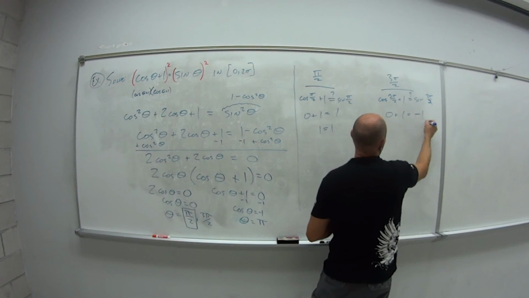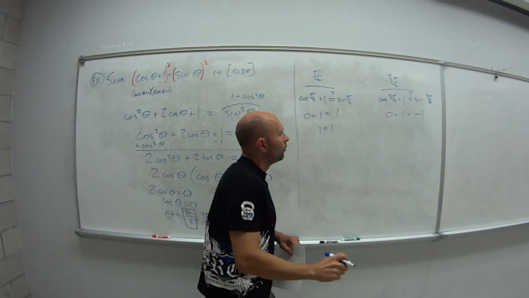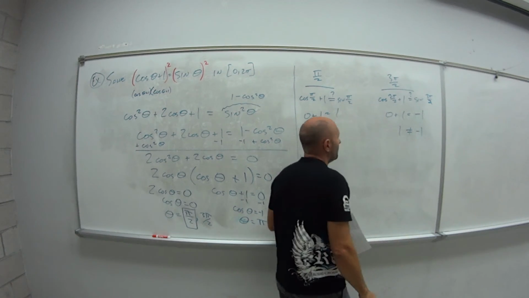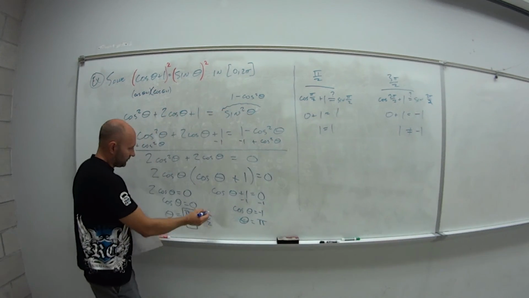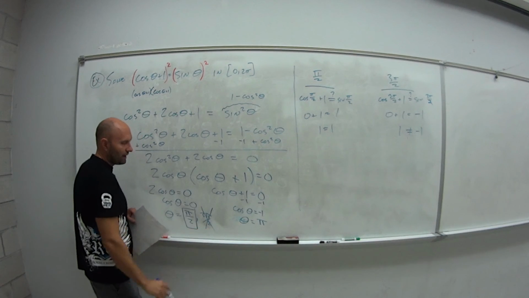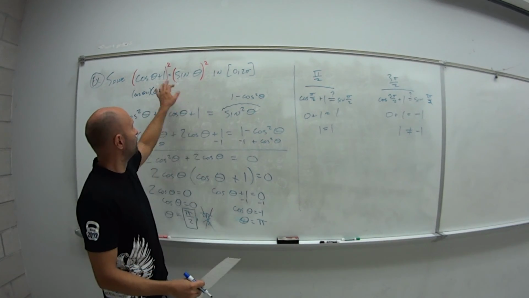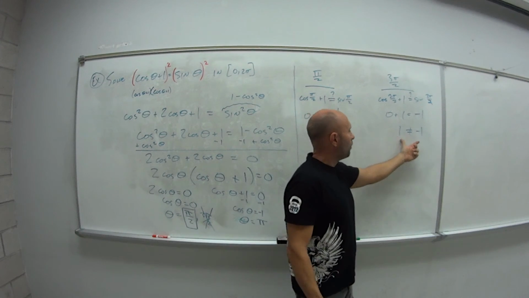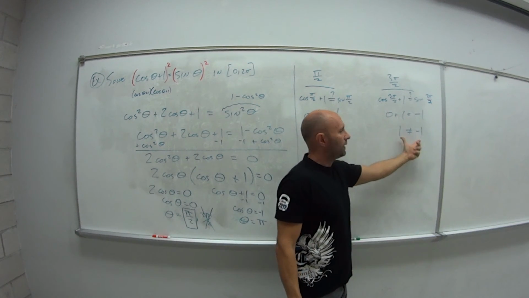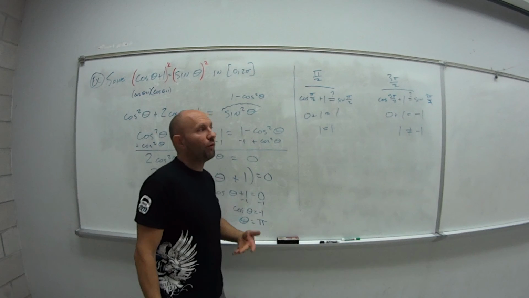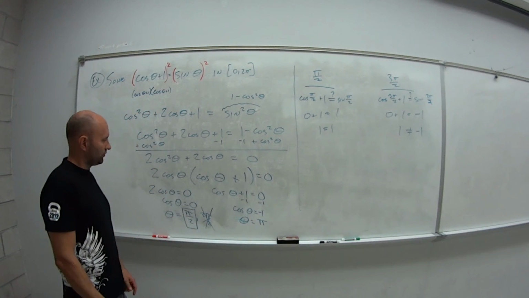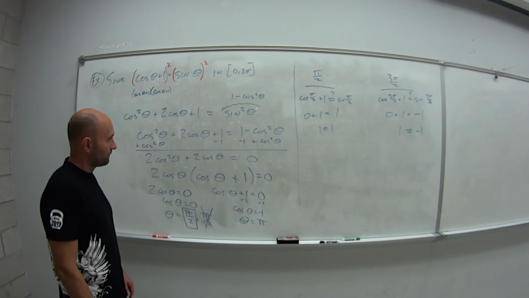Sine of 3 pi over 2 is negative 1. 1 is not equal to negative 1. So that means 3 pi over 2 is not a solution to the original equation. And this is where that squaring came in. 1 is not negative 1, but if I square both these sides, positive 1 is equal to positive 1. So that's the catch, that's the trick we have to watch out for.